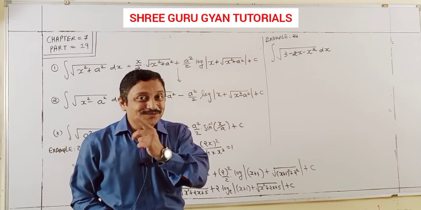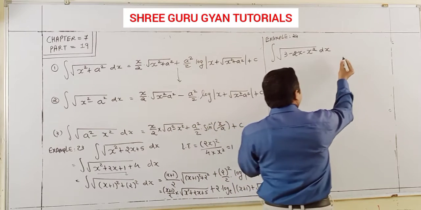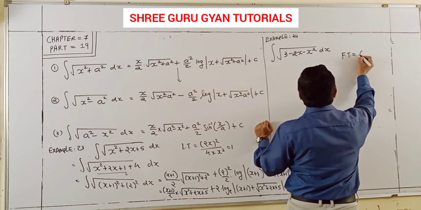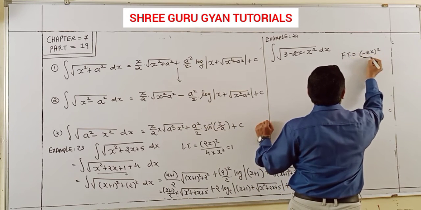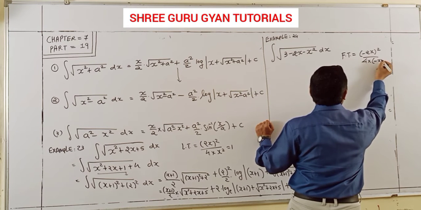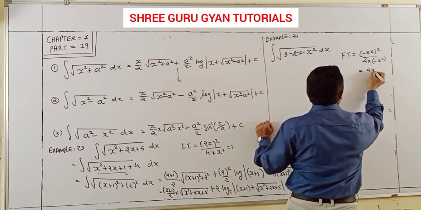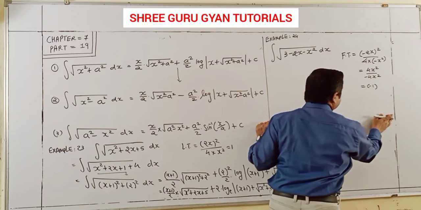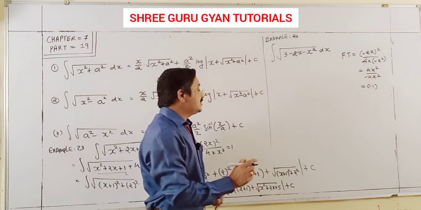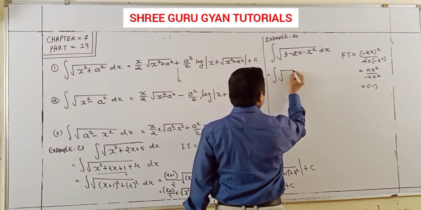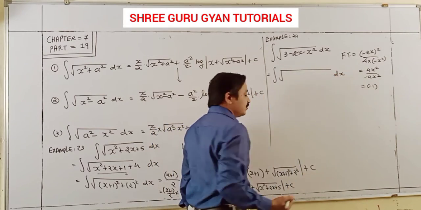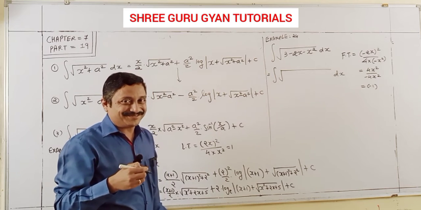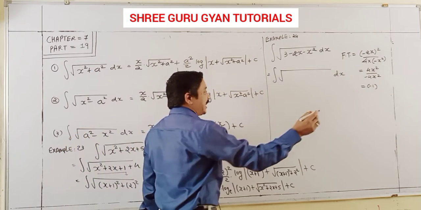So I go to the first term. Middle term square divided by 4 into the last term: 4x square by minus 4x square, it is minus 1. And this minus 1, students, I rearrange in the place of the first term. My first term is actually minus 1.